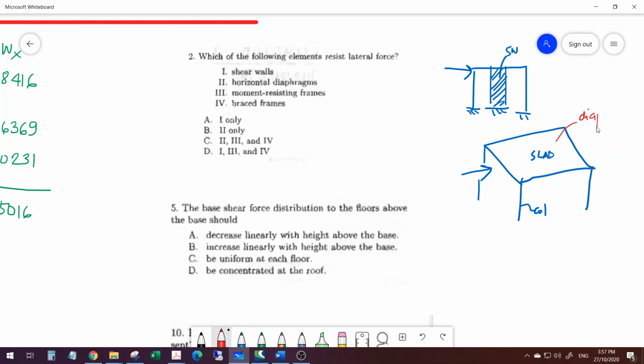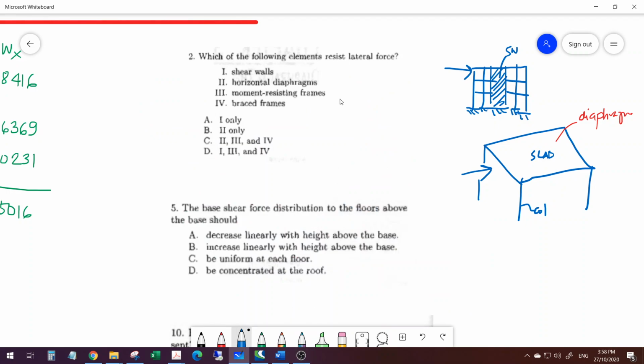How about moment resisting frame? As I've told you, for a dual system, you have moment resisting frame, which is part of your lateral resisting members.